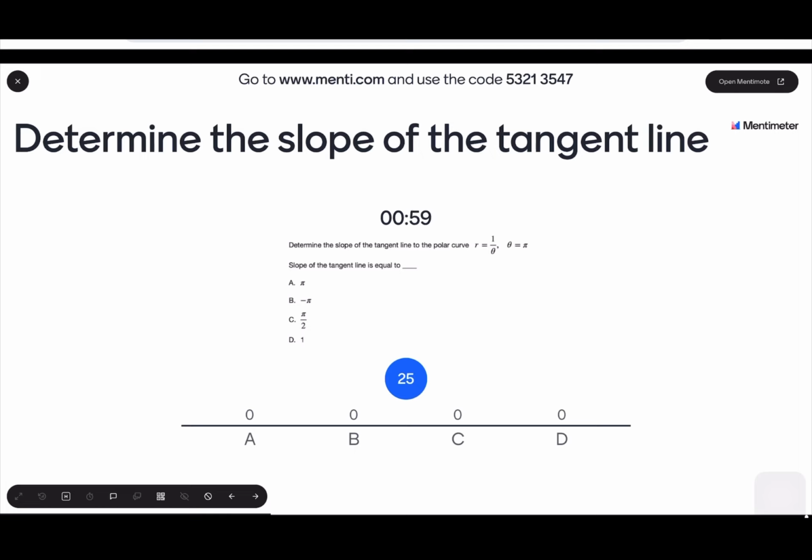You could approach with just a normal parametric, or you could approach with polar. The same result.